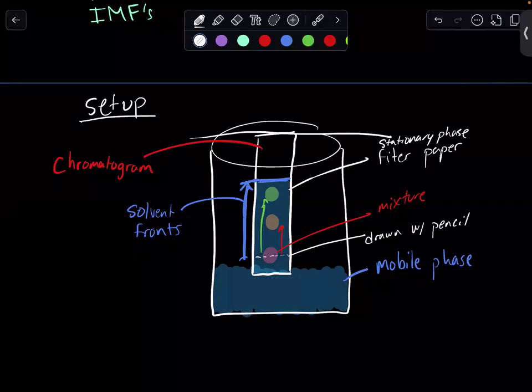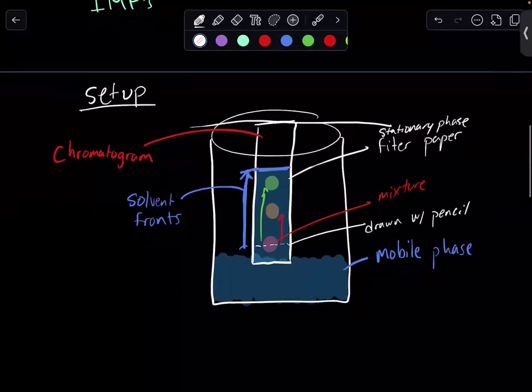Mostly because pencil versus pen, which is made of dyes and pigments, pencil won't move. Pencil will not interact with our solvent at all.